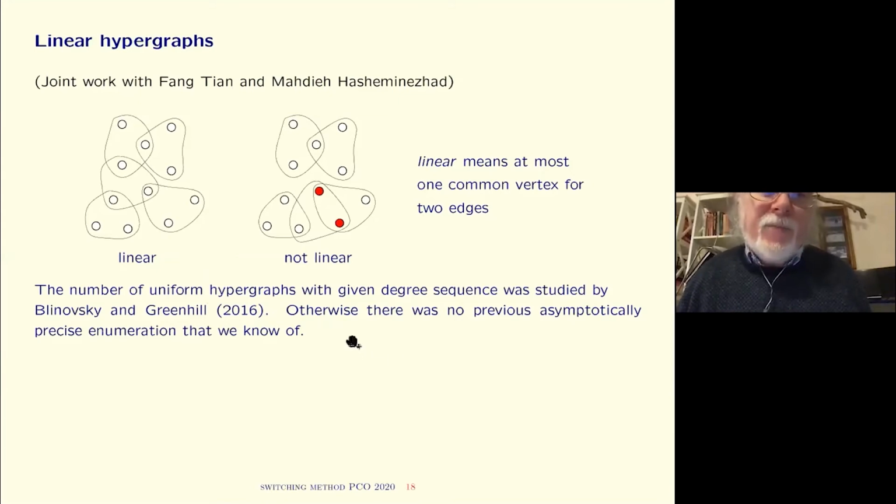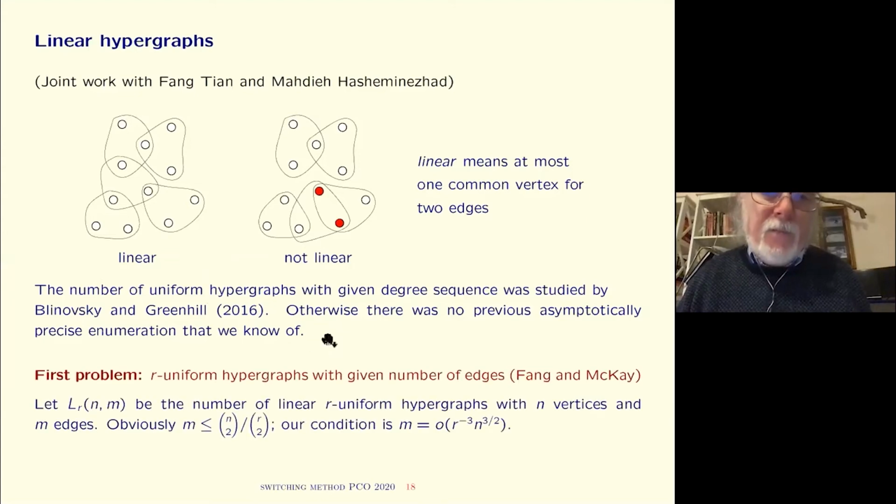Otherwise, there isn't any previous asymptotically precise enumeration that we know of, just some bounds. In particular, there didn't seem to be any earlier work on the number of R-uniform linear hypergraphs with given number of edges. So let L(R,N,M) be the number of linear R-uniform hypergraphs with N vertices and M edges.